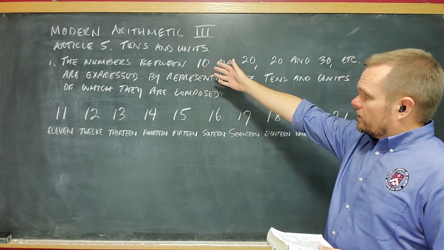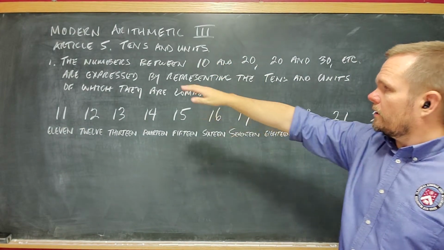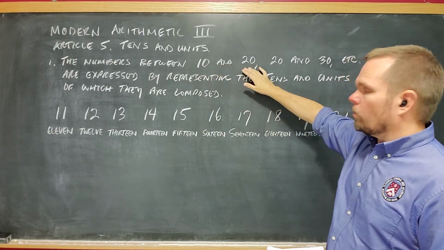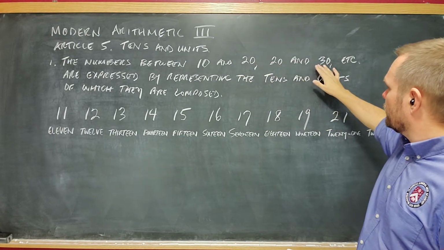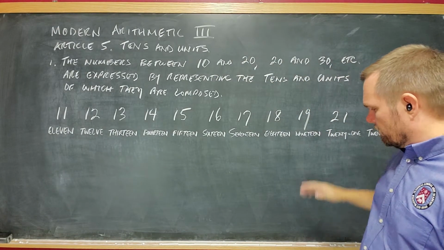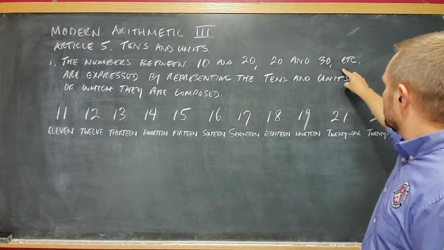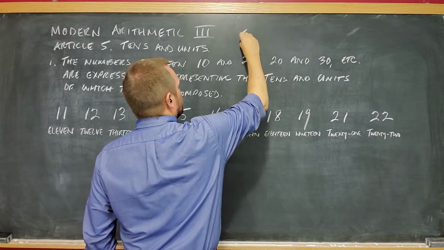So to get started here, rule number 1 here in Article 5 says the numbers between 10 and 20, between 20 and 30, etc. And let me just say something real quick about this phrase, etc. You'll see this all the time.